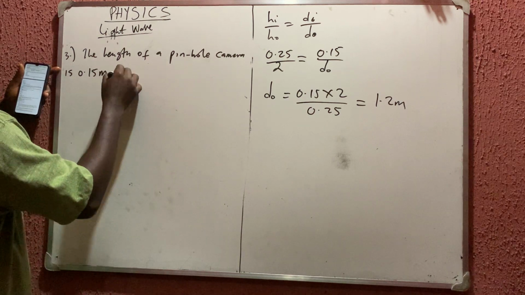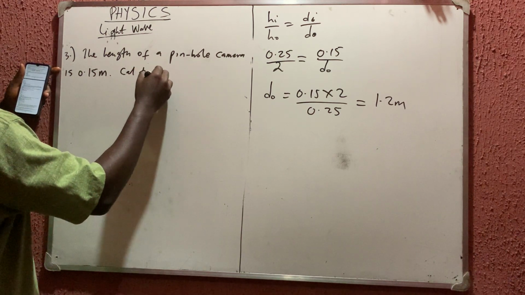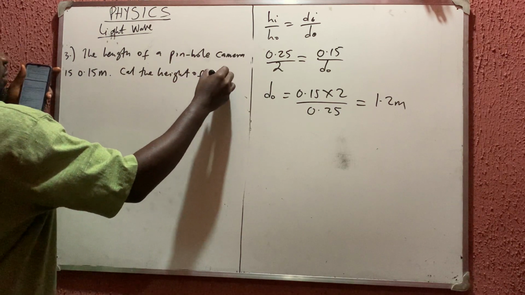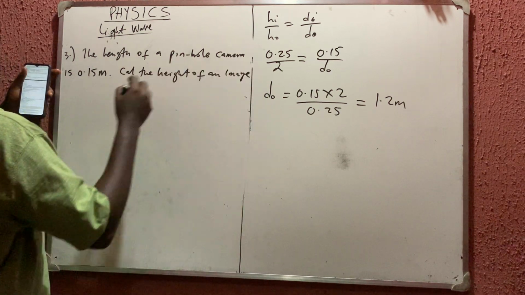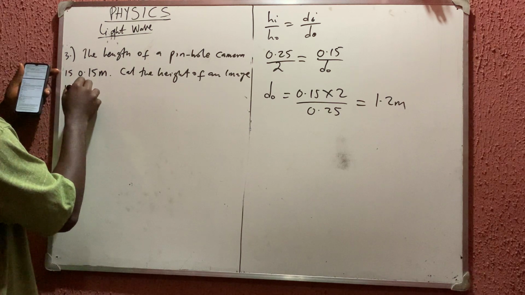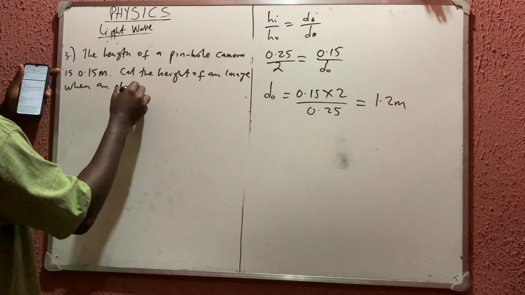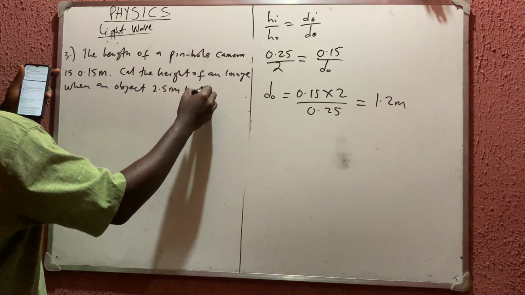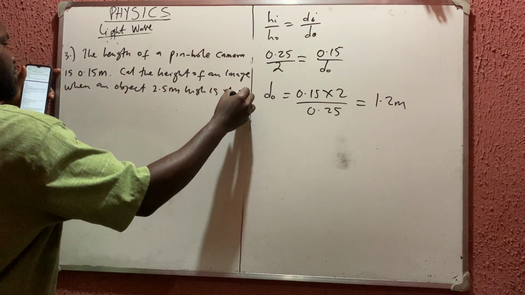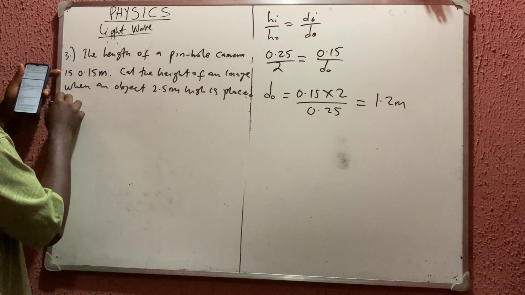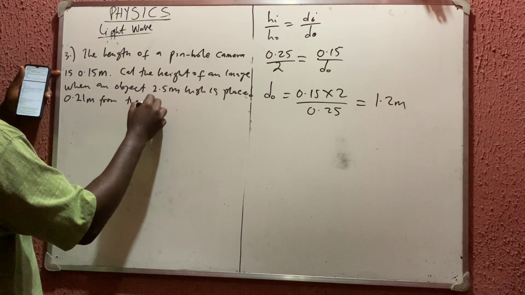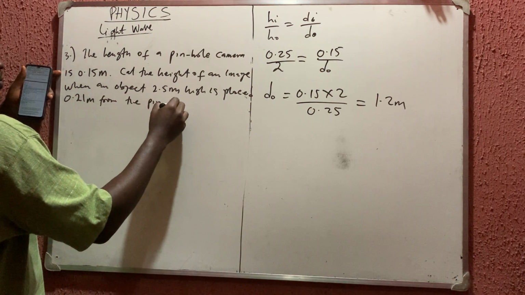Calculate the height of an image when an object 2.5 meters high is placed 0.21 meter from the pinhole.